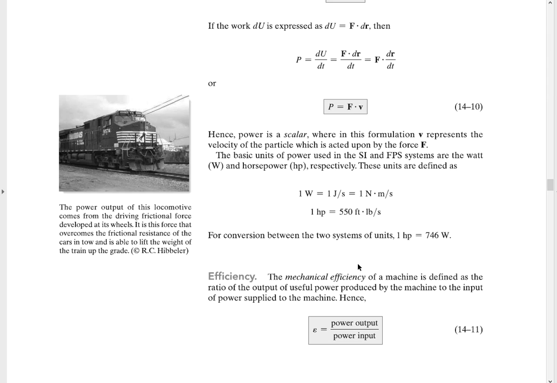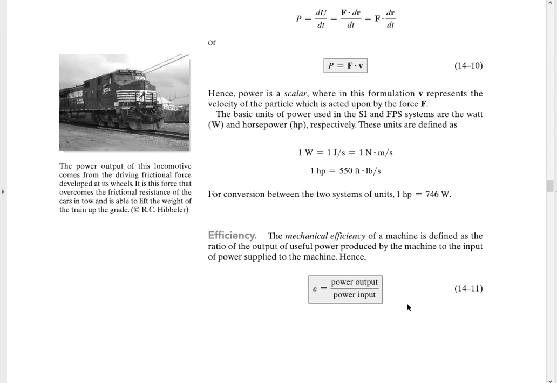Efficiency. So efficiency is the ratio between the output power and the input power. Okay, so there's losses. You have the engine, you have the crank rotating, and the engine power is delivered to the wheels, and through measurements we can assess the rotation power of the engine, but that will be more than the power that is done by moving the weight of the engine and the rest of the train up a grade.